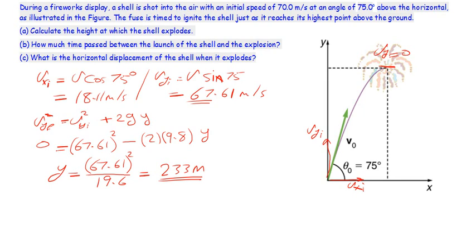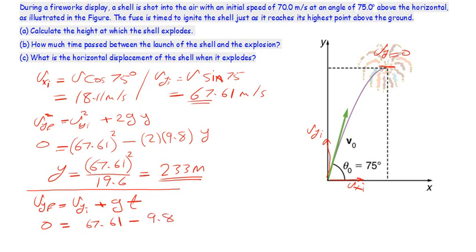I will pick Vy final equals Vy initial plus the gravity acceleration multiplied by the time. At the maximum height the velocity will be 0, and the Vy initial is 67.61, minus 9.8 multiplied by the time.